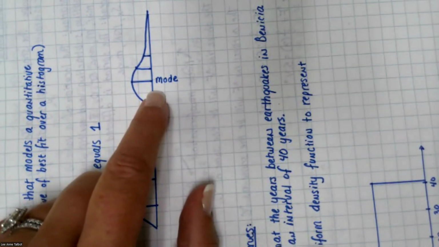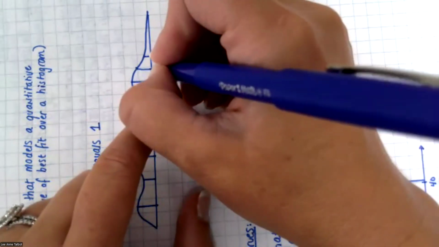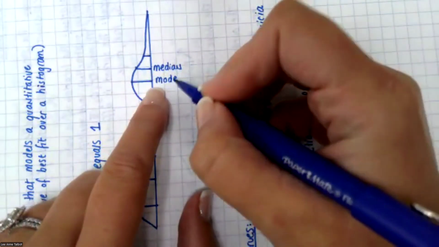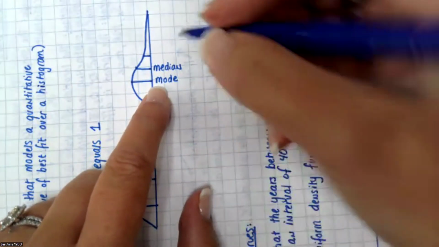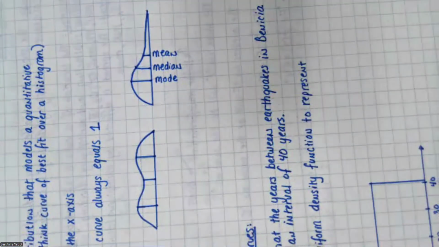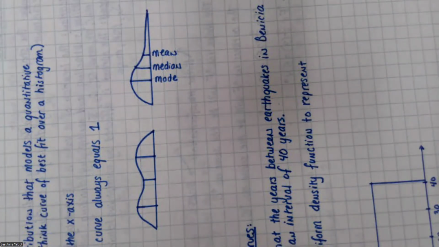It's the thing that occurs the most times. In this case, because of the skew, the median would be closest to the mode. And then the mean would be pulled into the tail because it is not resistant to outliers. You guys knew that already, right?